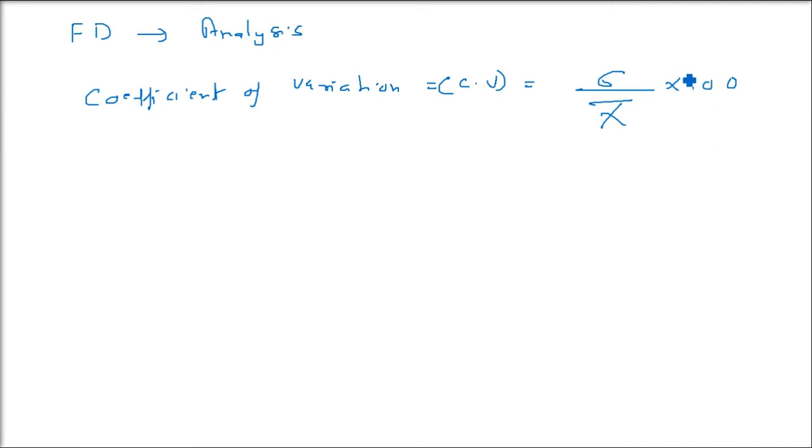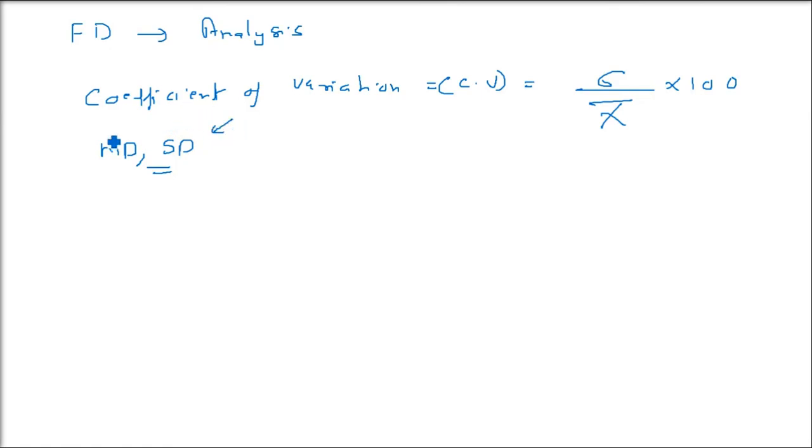It is given by sigma by x bar, where sigma is standard deviation and x bar is mean. Let me tell you again. The mean deviation and standard deviation have the same units in which the data are given. So we cannot compare two or more series, the measure of dispersion, even if they have the same mean.